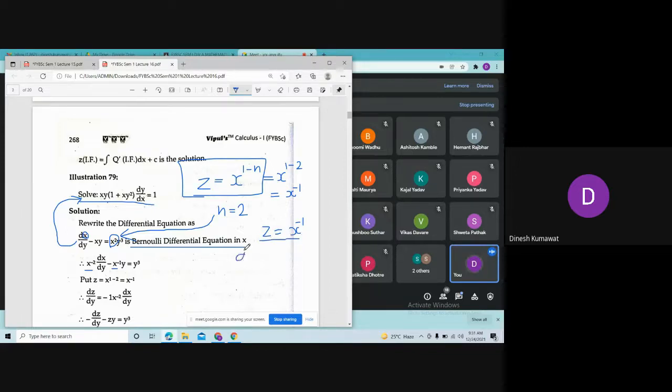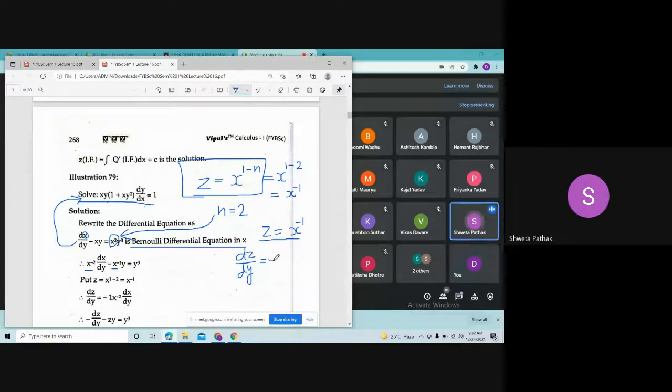So what we are having, dz by dy is equals to, what is the derivative of x inverse? Remember, x is a function of y.